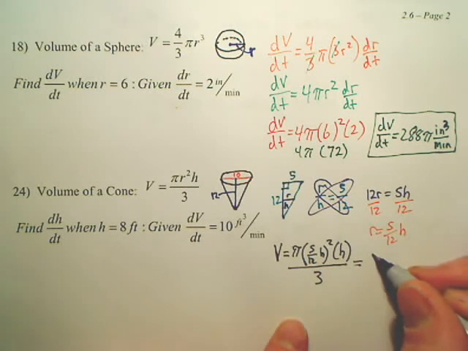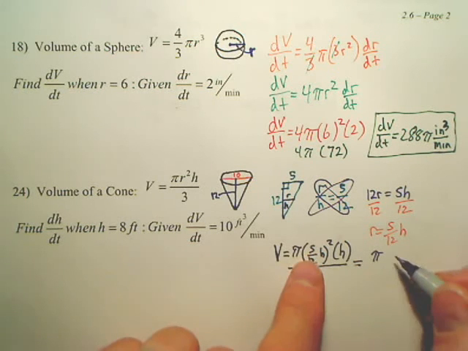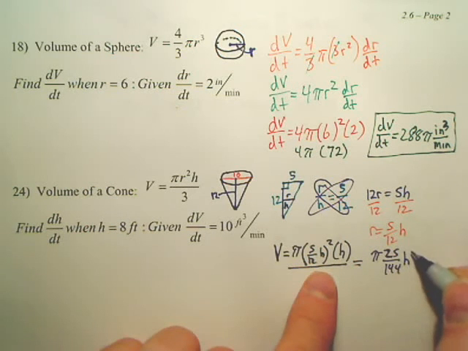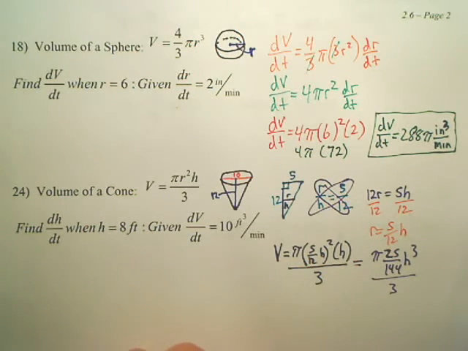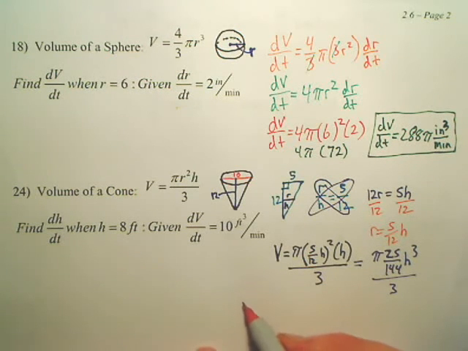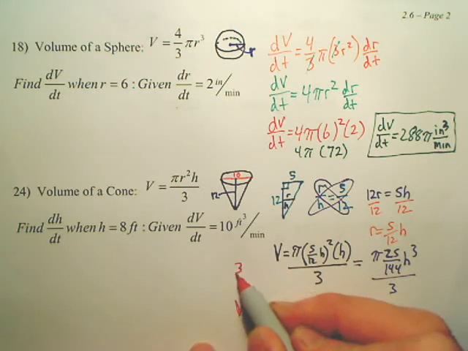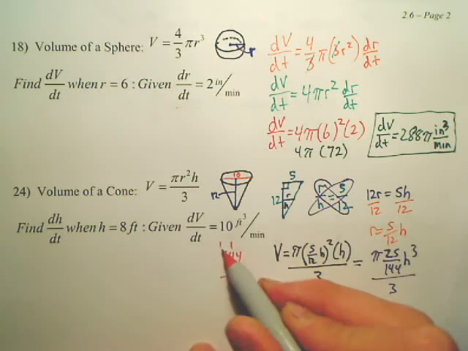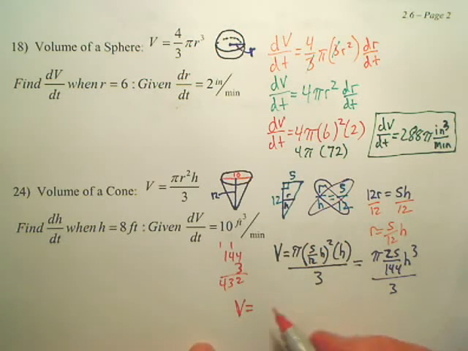Okay, what does all that mean? It looks like this is going to end up being pi. When you square this, do you understand that's going to be 25 over 144 h cubed over 3? All that means is your volume ends up being 144 times 3, which is 432.